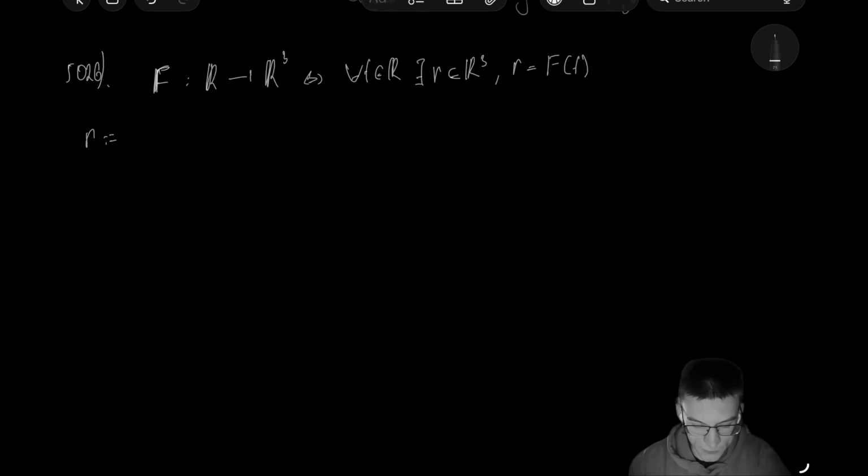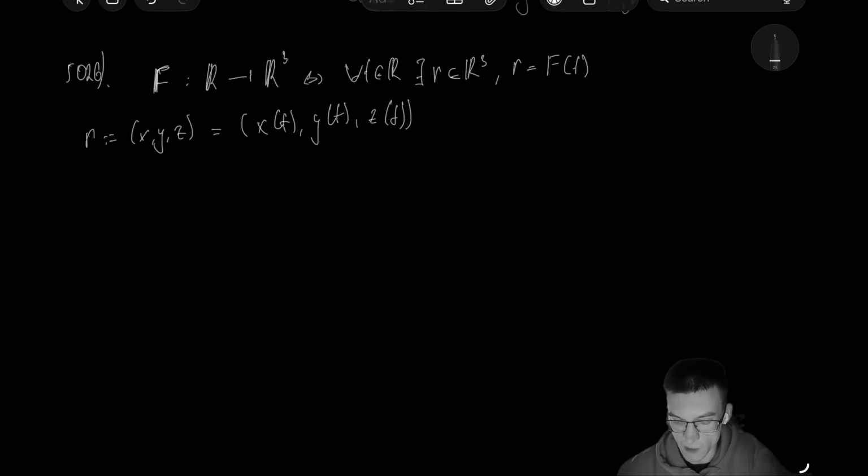And I'm going to designate this vector as x, y, and z, that is x of t, y of t, and z of t. So each coordinate is an individual scalar function taken with respect to the scalar value t. Each of x, y, and z is a function from R to R, a scalar function.